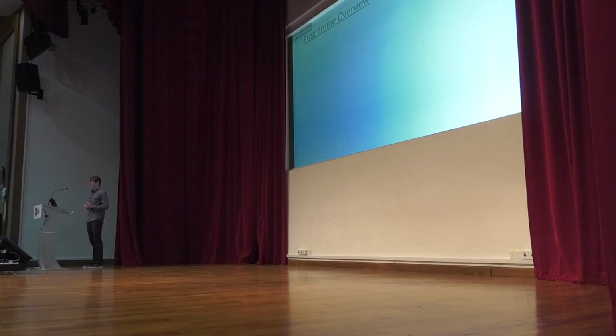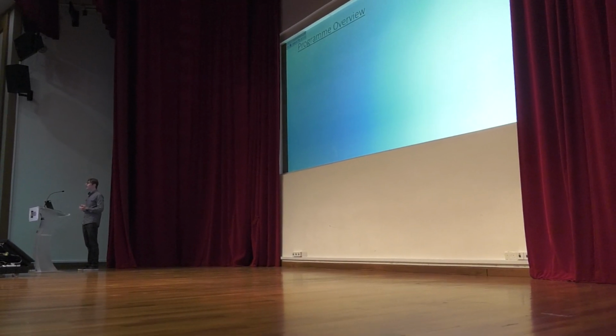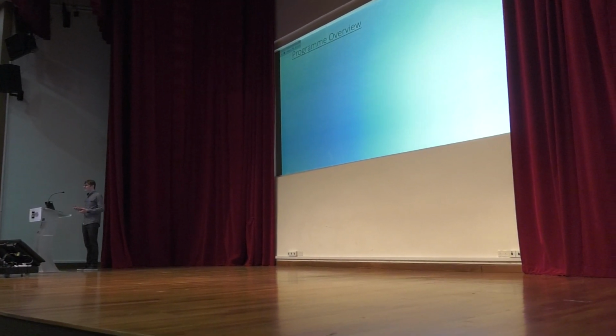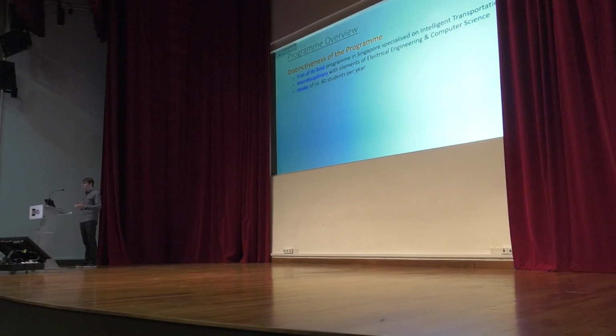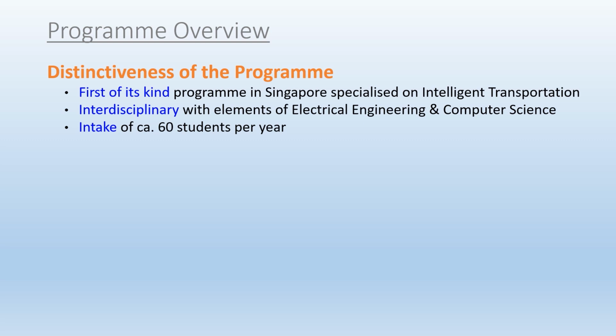So after this motivation for why we have the computer engineering intelligent transportation program, let me give you a short overview. Again, I want to point out the distinctiveness of this program. It's basically a first of its kind in Singapore with such a specific focus on intelligent transportation.